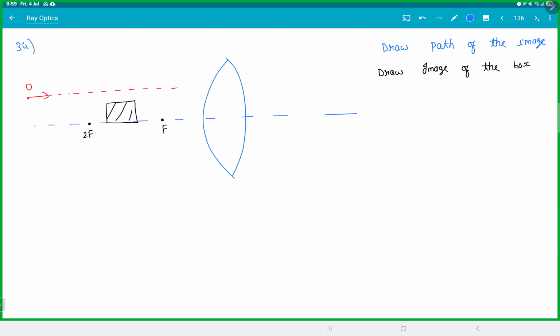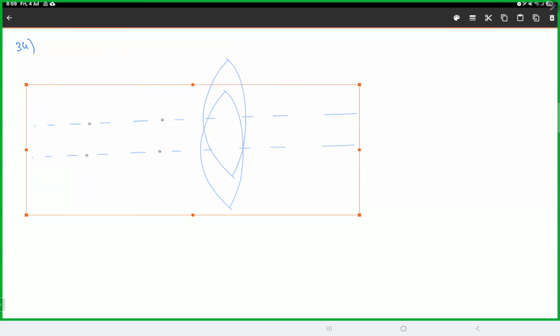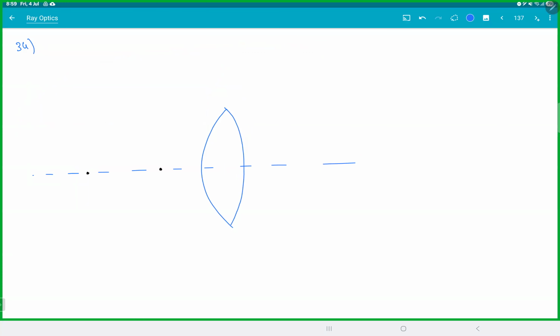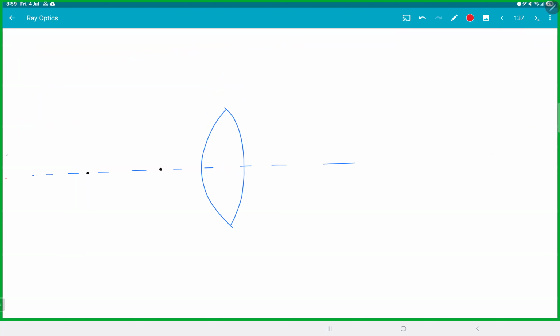Let's see. So first, how to do these kinds of questions? If you remember, take some arrows. Take an arrow at infinity.